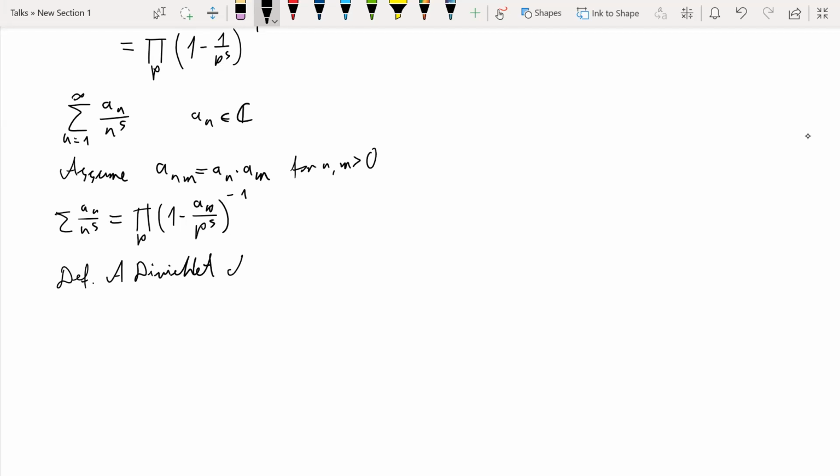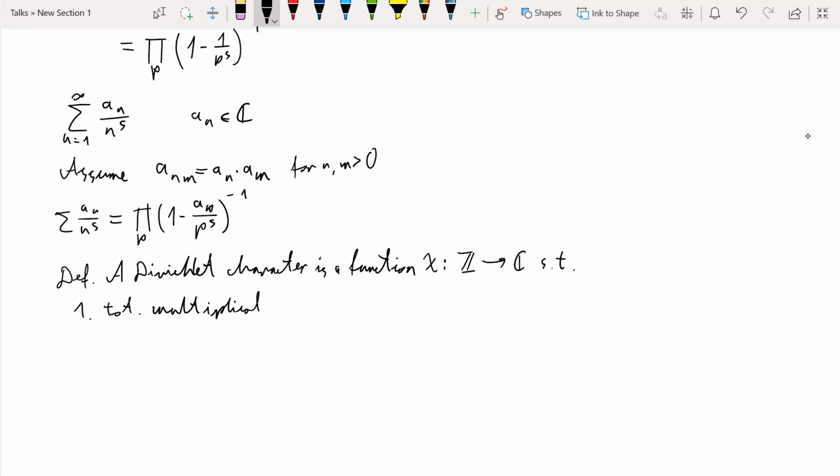A Dirichlet character is a function, usually denoted by chi, from the integers to complex numbers such that, first of all, it is totally multiplicative, in the sense that it satisfies this condition here.